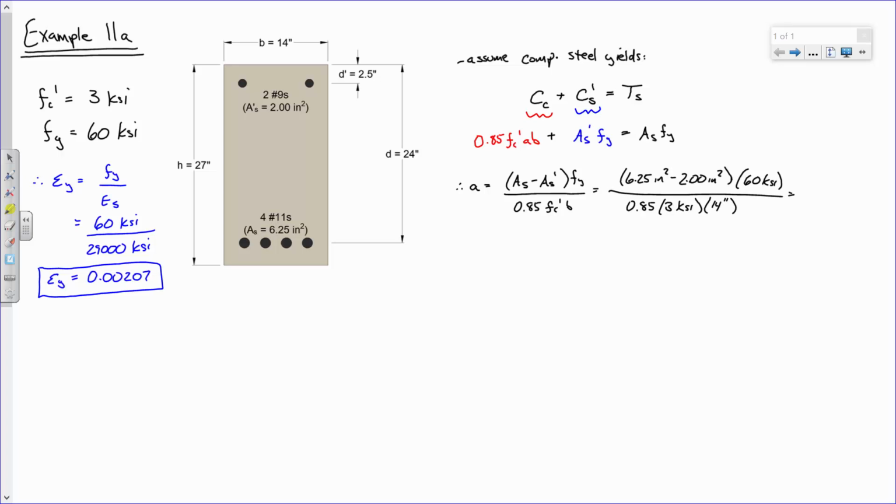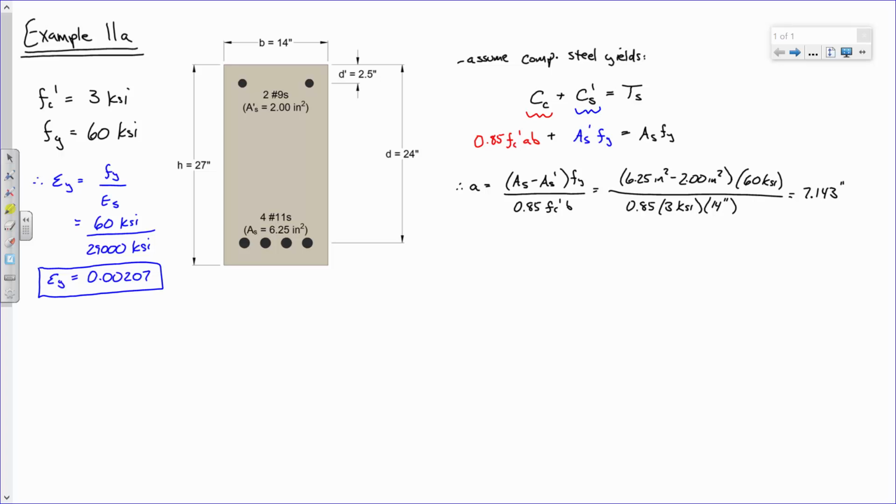And so what does that come out to be? Give me one more. 7 point.